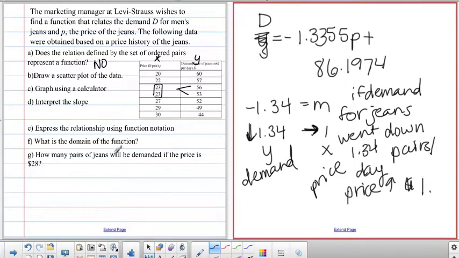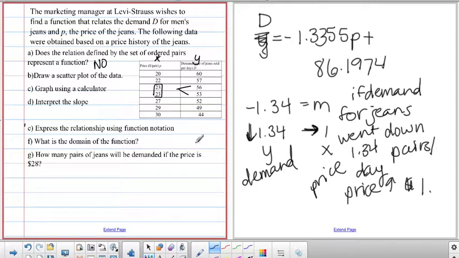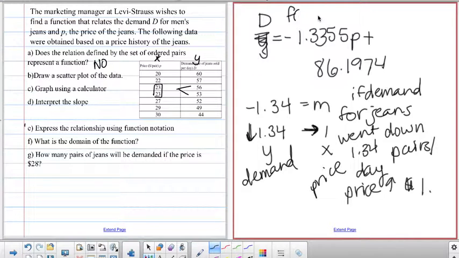Now, what's the domain of this function? We have to think about what our x and y represent. Oh wait, first, I'm sorry, I skipped ahead. We need to do E. E asks us to express the relationship using function notation. Normally we would say f of x equals negative 1.34x plus 86.2.